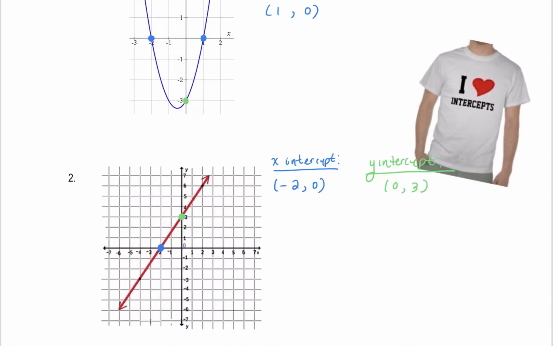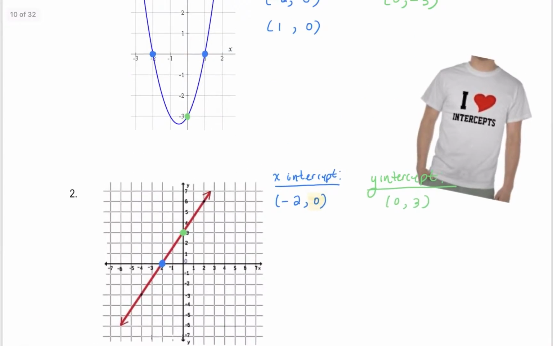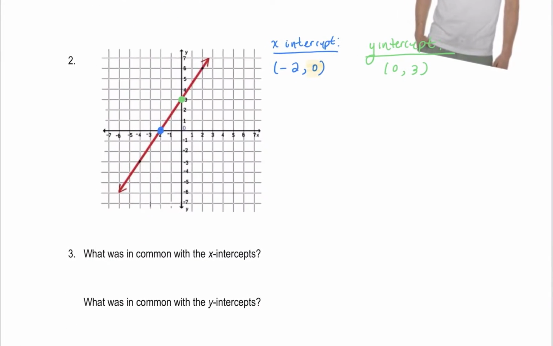So what I want you to notice, this question 3, what is common to the x-intercepts? So when you look at the x-intercepts, I want you to observe that if it's right on the x-axis, that will mean that its y-coordinate will have to be 0.